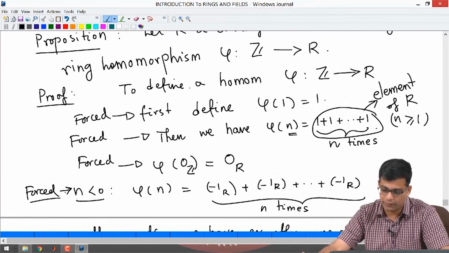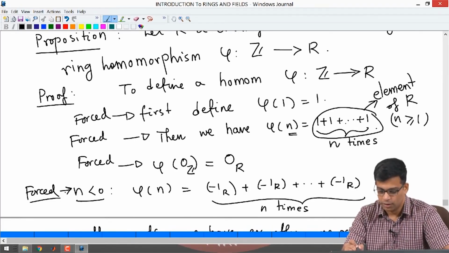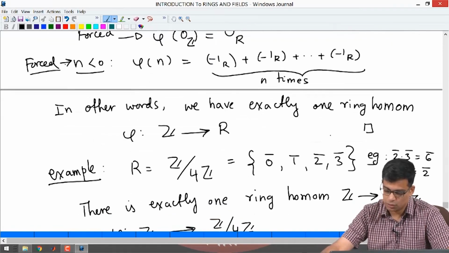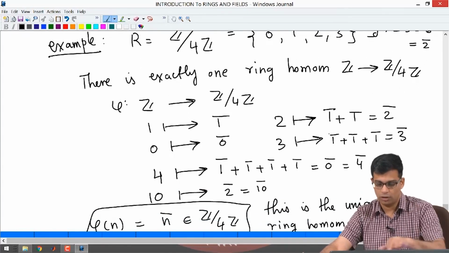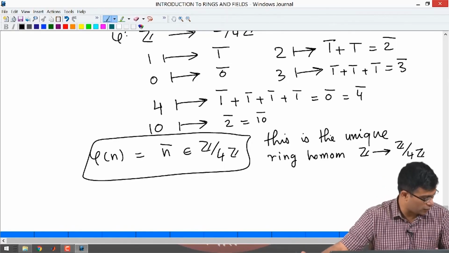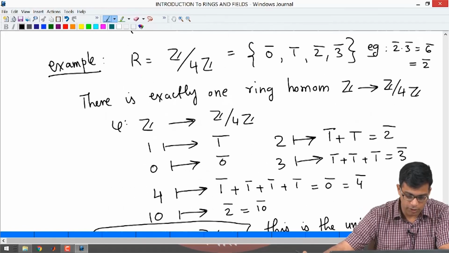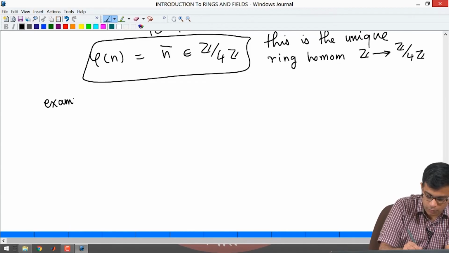So, you have to be careful: it is not n as we know an integer n, it is just the multiplicative identity added n times. Here the multiplicative identity 1 added 4 times gives you 0, the 0 element. You have to be careful about such subtleties when dealing with arbitrary rings. And I will just do one more example to illustrate another important class of ring homomorphisms.